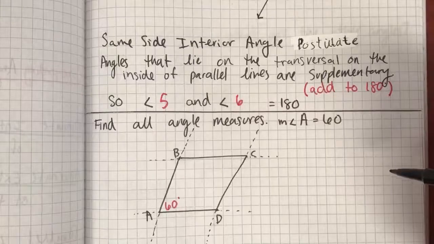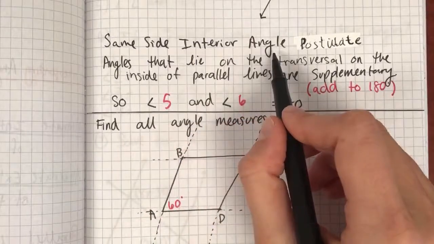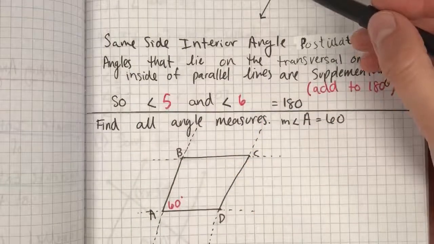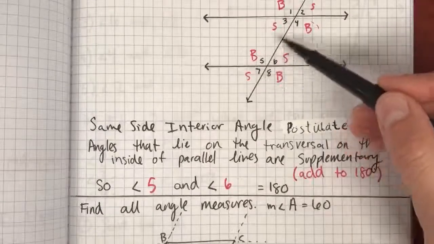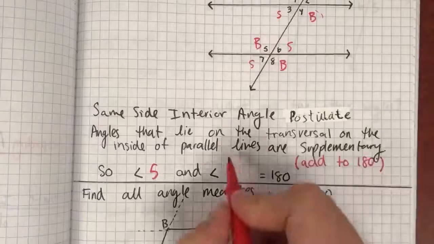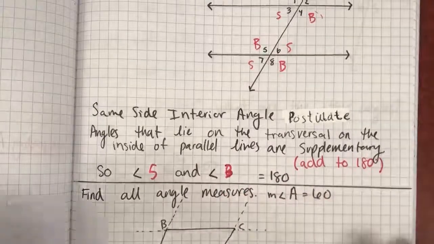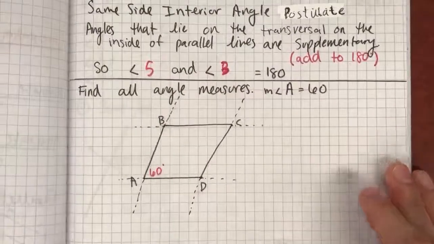And so from our same side interior angles, we could actually also have 5 and 3 being that. And so let's actually change that to 3, just for our example. All right, so here we've got our angle.